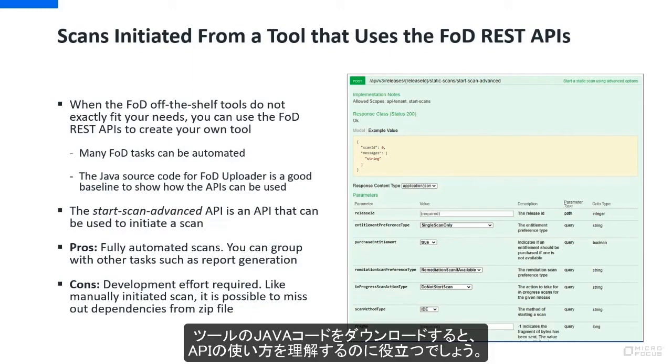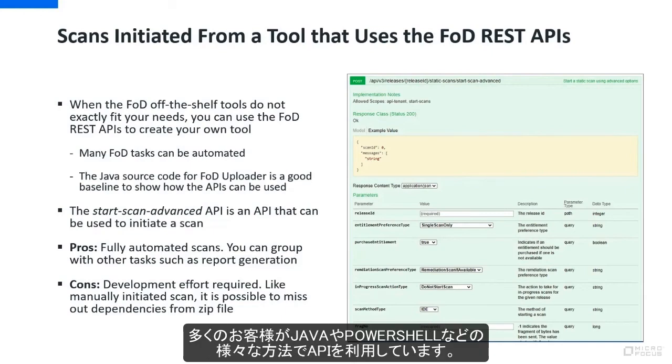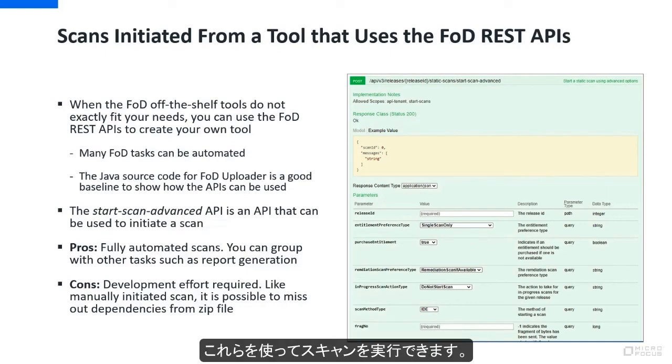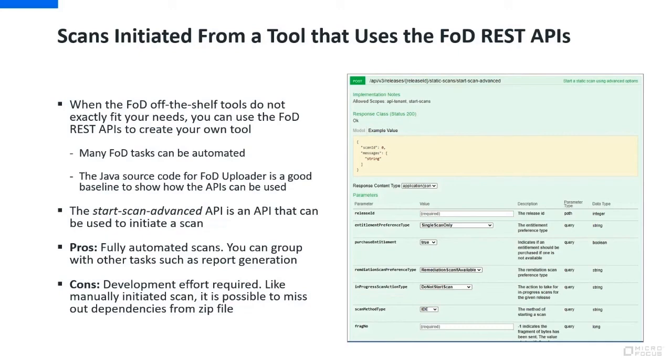You can download that Java code, and that will show you how to use the APIs. And we have lots of customers that use these APIs in different ways, including Java, but also using things like PowerShell. Now, on the right-hand side, you see a screenshot from a Swagger page relating to the Start Scan Advanced API, which is an API that's actually used to initiate the scan.